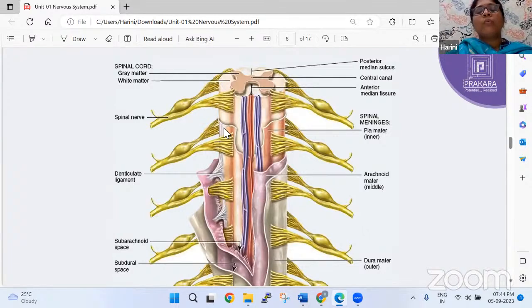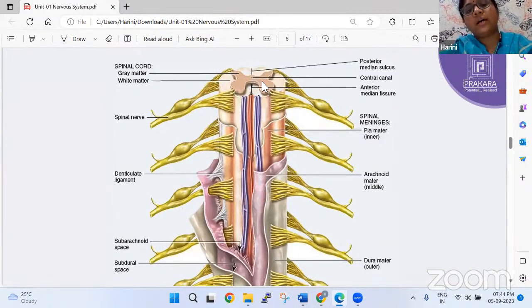When internally you can see here the transverse section, I'm not going deeply into that, I'm just helping you understand the basic external and internal structures of these parts. When you cut the spinal cord in a transverse section, it consists of an H-shaped structure.